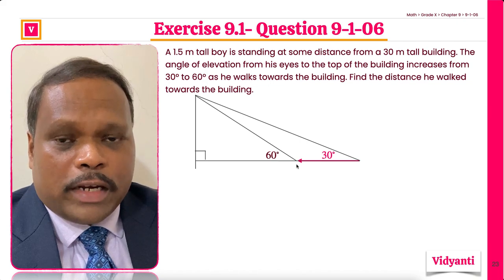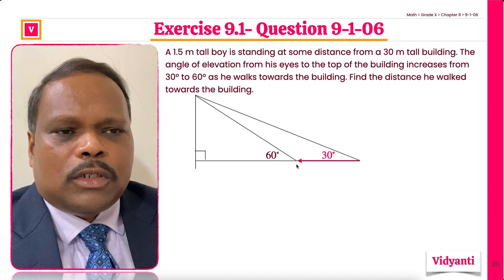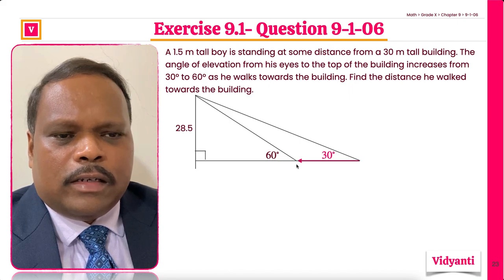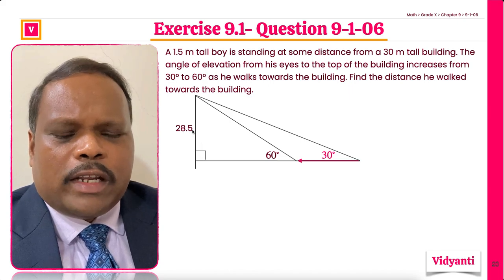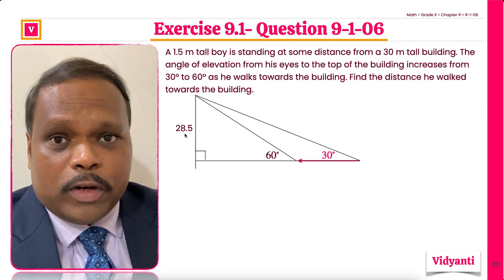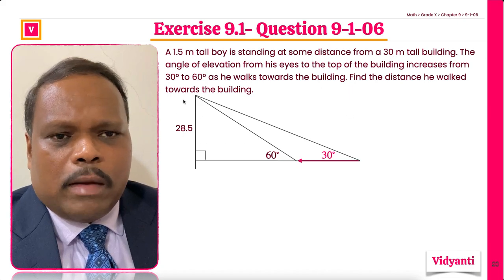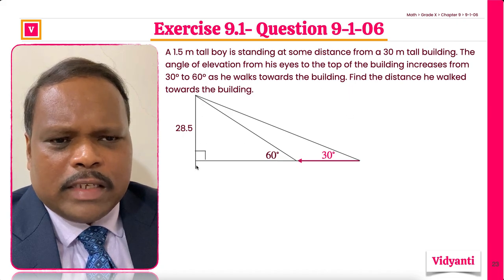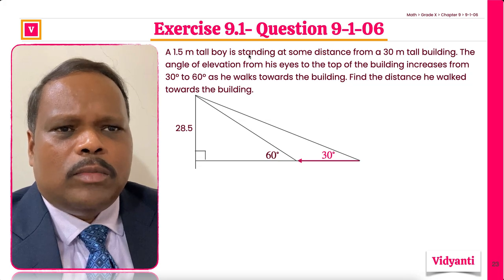So we have two right angle triangles here, right? In both right angle triangles, the tower height from the eyesight onwards is 28.5. From where am I getting 28.5? The total complete distance is 30, but the eyesight level is 1.5 because of the height of the person.